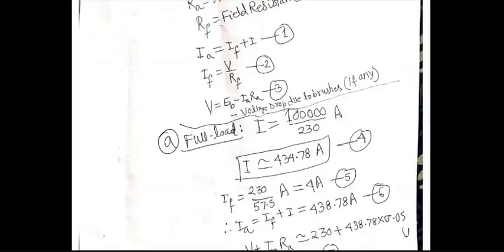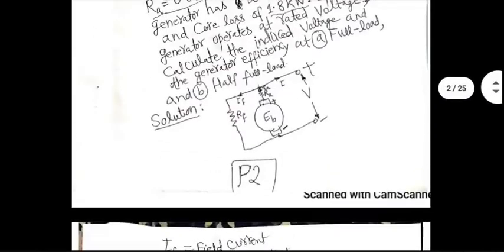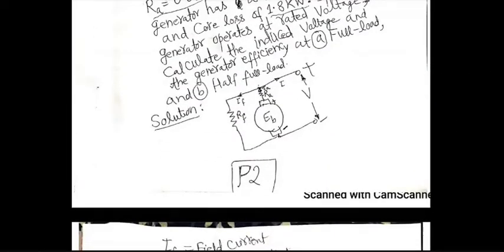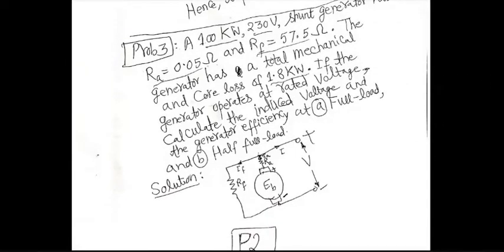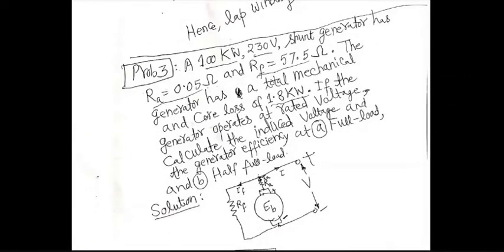Actual voltage coming out will be EB minus IARA minus 2, because brushes also have been assumed to be dropping 1 volt per brush.